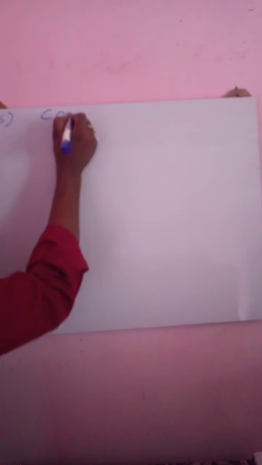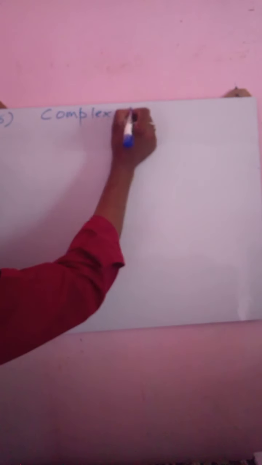The last type of salt is complex salt. The sixth type of salt is complex salt. Now what is complex salt?